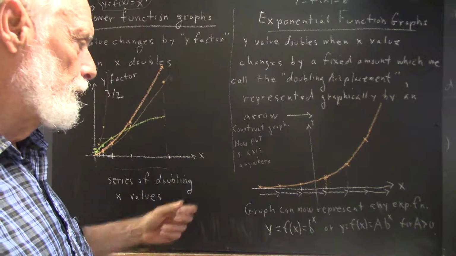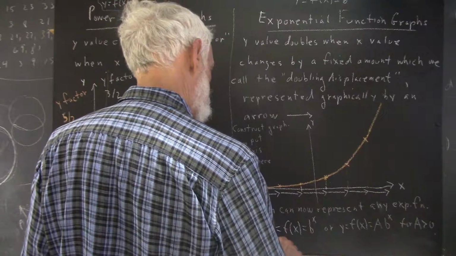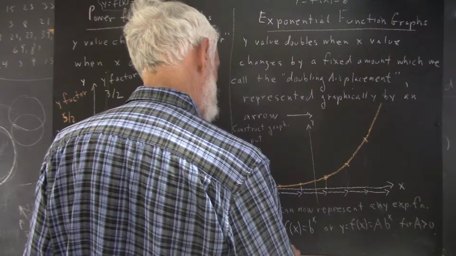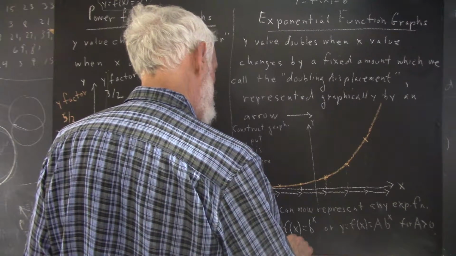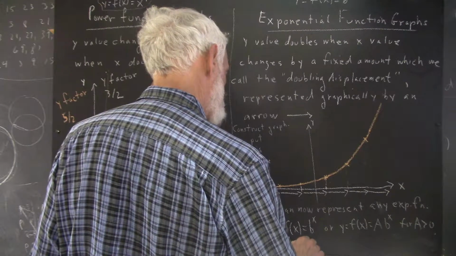And the other thing is, for this graph, b has to be greater than 1.